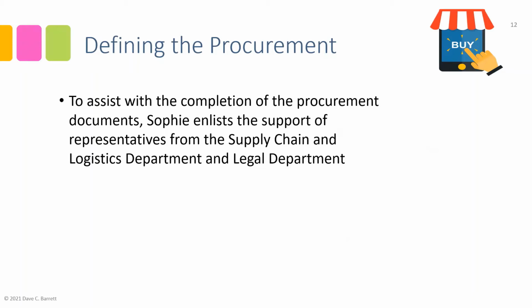Procurement has a very set process that needs to be followed, especially for large procurements. So bringing in expertise from individuals like this, who could be in a supply chain department or a purchasing department and so on, is very helpful to advise on a large procurement.